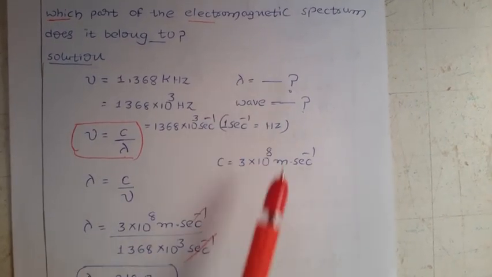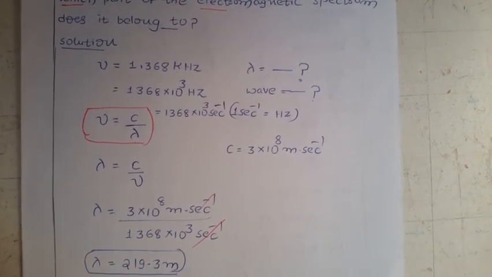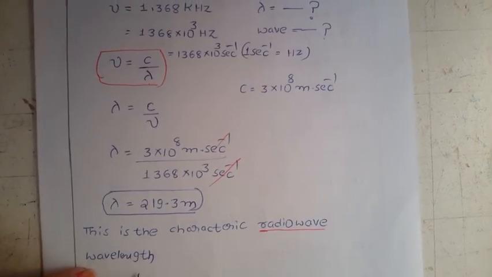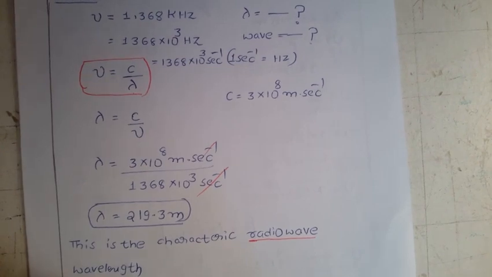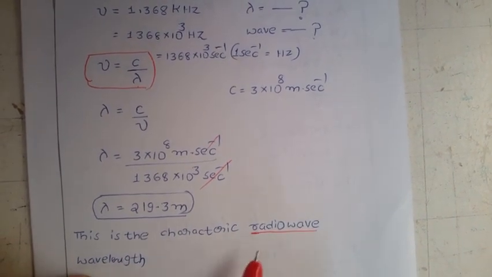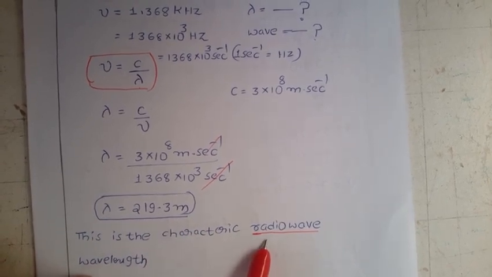Next, what they ask, okay, here this is the characteristic radio wave wavelength. We have just now discussed the electromagnetic spectrum. In that, this value belongs to which wave? Radio wave.